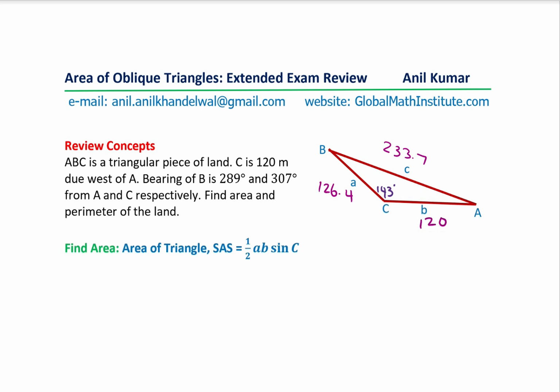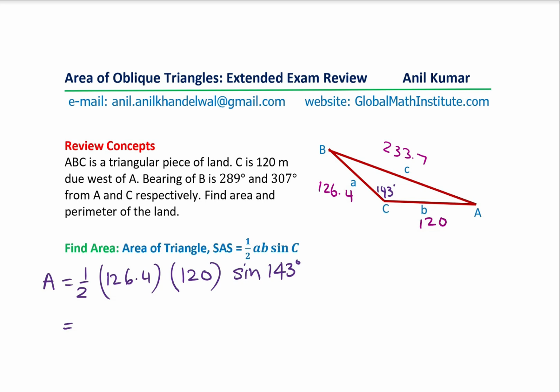The area of the triangle, if you are given two sides and an angle in between, as is the situation, is equal to half of the two sides A and B in this case, which is 126.4 times 120 times sine of the angle, which is 143 degrees. Correct? So we can use the calculator to find this answer.